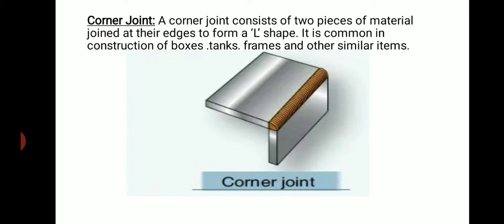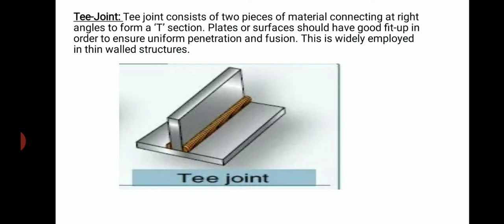So here you can see the two plates are joined with the help of welding to form an L shape. Next is our T joint. As the name implies, the joint is in T shape. T joint consists of two pieces of materials connecting at right angles to form a T section.